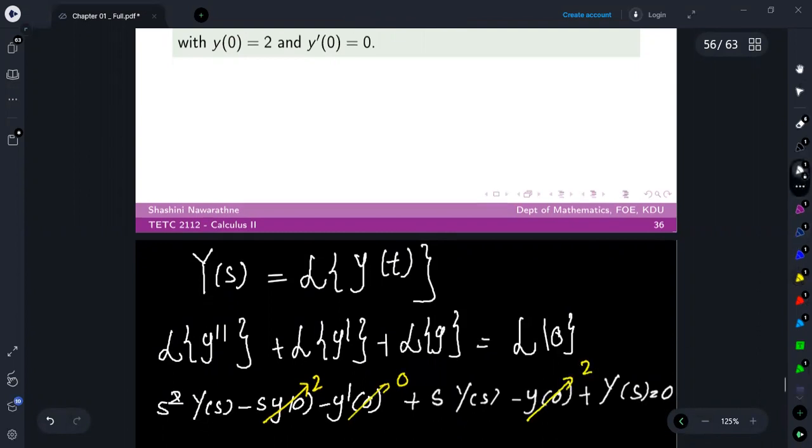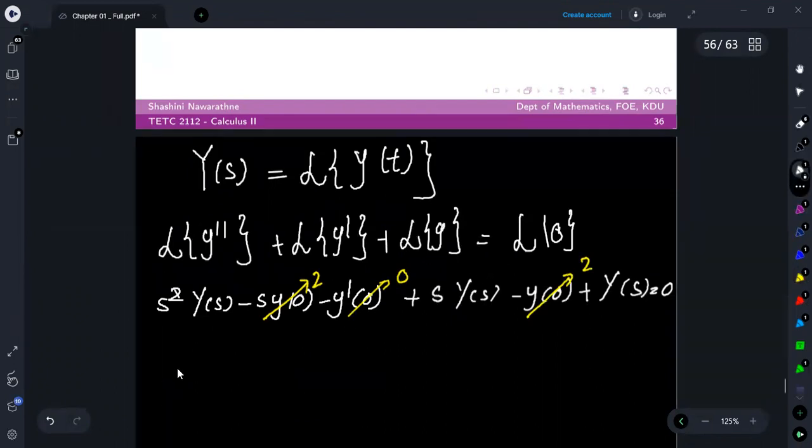So we can obtain the expression: s squared plus s plus 1 times capital Y of s is equal to 2s minus 2s plus, again here, minus 2 is equal to 0.